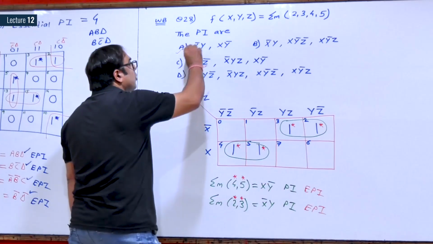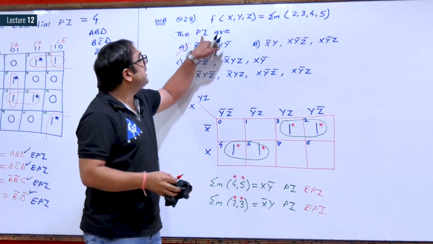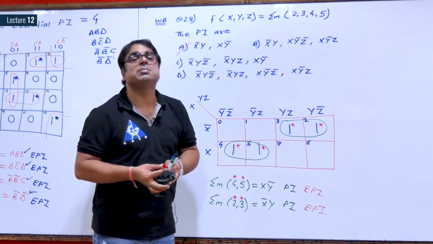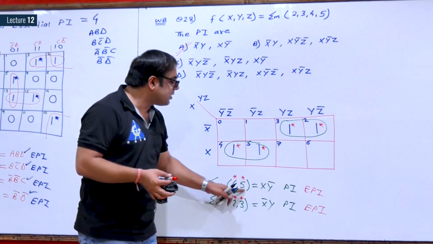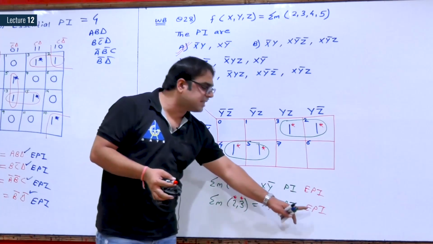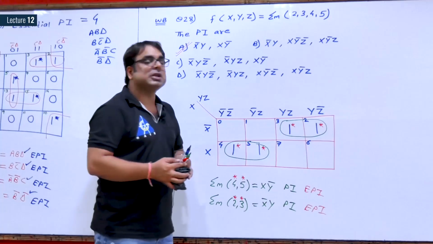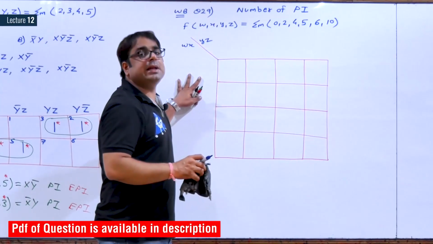So the answer is x complement y and x dot y complement. They are prime implicants and also essential prime implicants. Single option, essential prime implicant. Option A is correct.